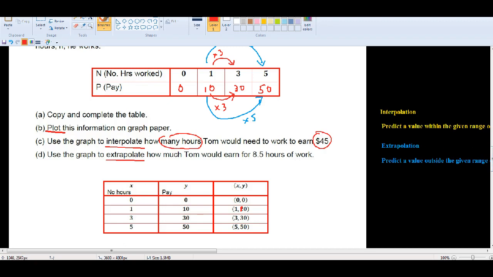Since that $45 is less than 50, that means it is within the given range of data, so it's what we call interpolation, right?